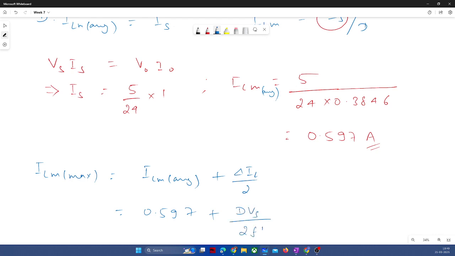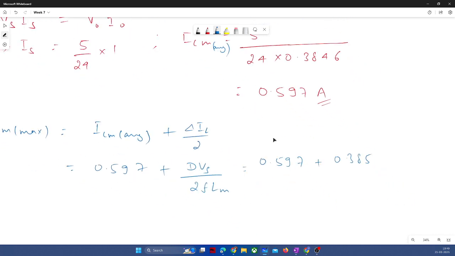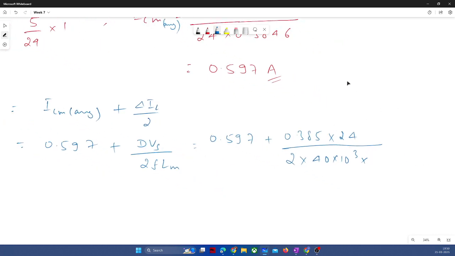D is 0.3846, Vs is 24, 2 into frequency 40 kilohertz, and L is given, 500 microhenry.